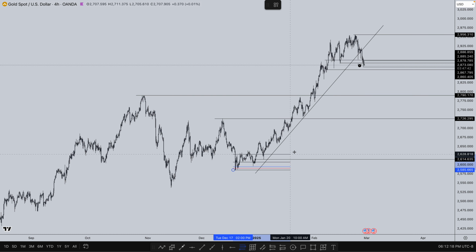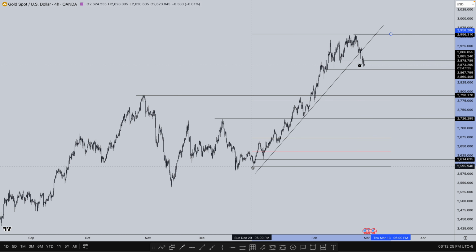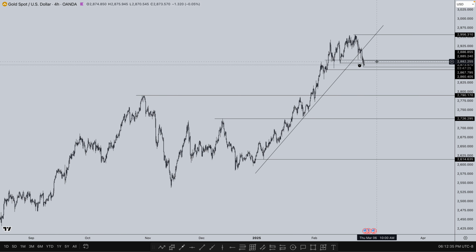You can use these lows right there. You can use these lows, whatever lows suit you the most. These lows here, the 27.90, 27. Yeah, I like this area too. It's a nice retest of the structure.